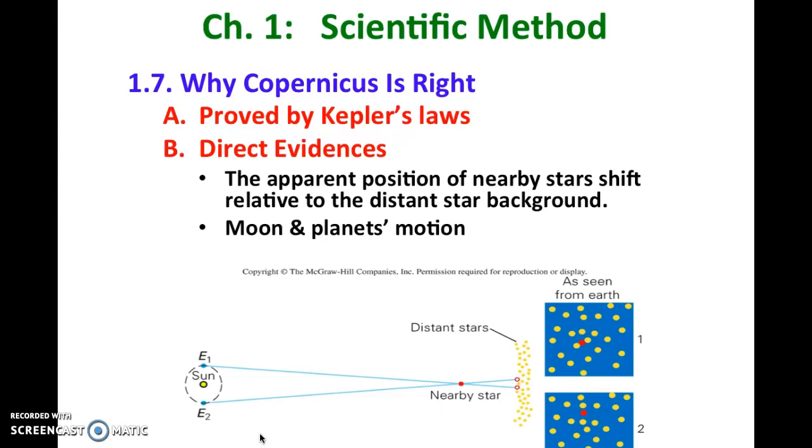Observationally, there are two direct evidences. One is the motion of the moon and planets. Another is the apparent position of nearby stars shifting relative to the distant star background. That indicates the Earth is revolving around the Sun.